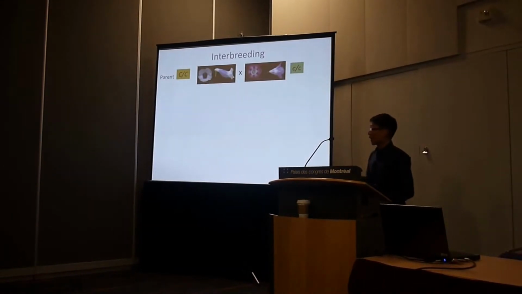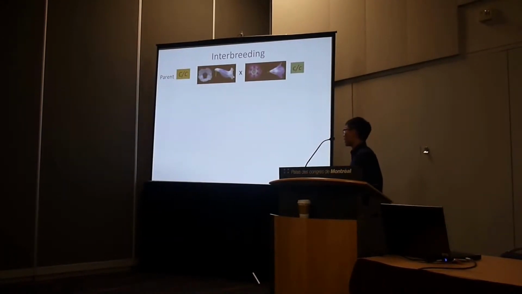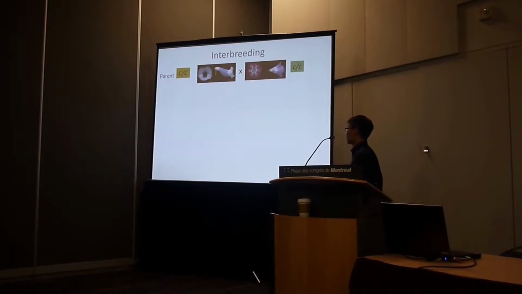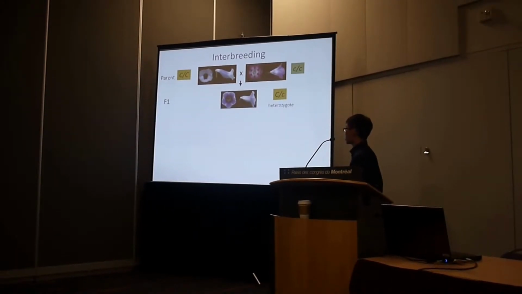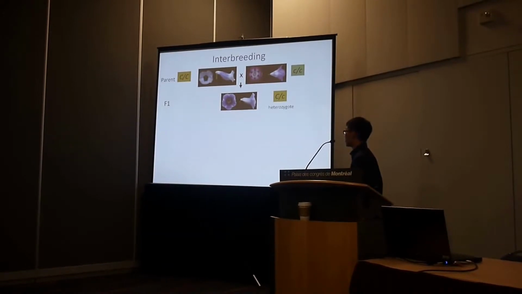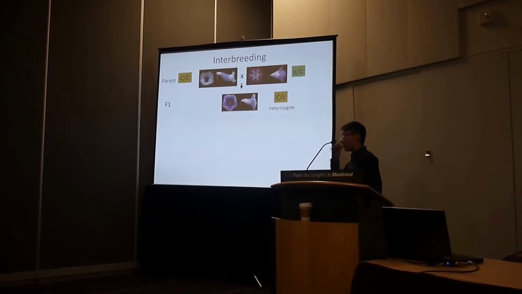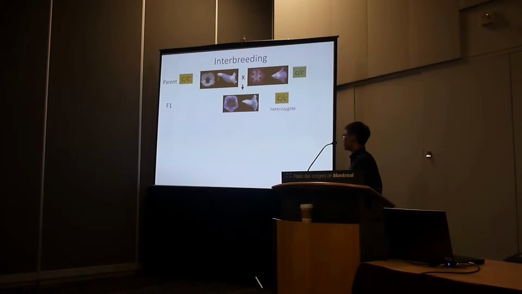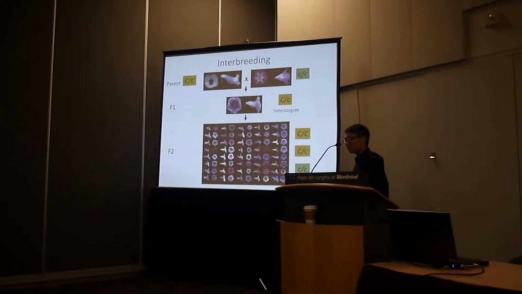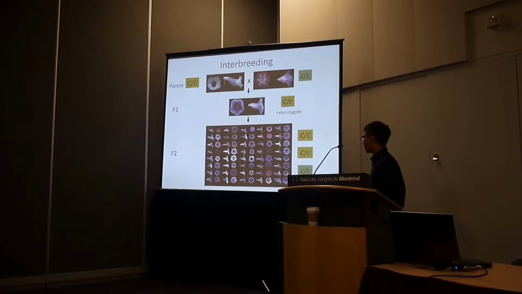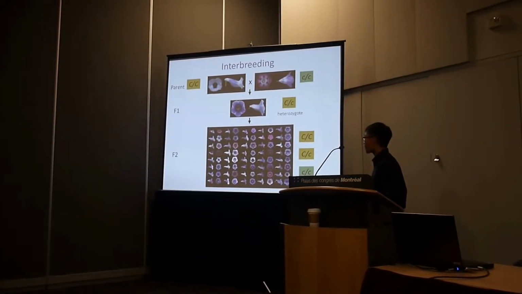So here we consider these two types of flowers as parents and intercross them to breed the F1 flowers, which corresponds to the heterozygote genotype. And by selfing of a single F1 flower, we will get the F2 flowers in three different Sipa genotypes.